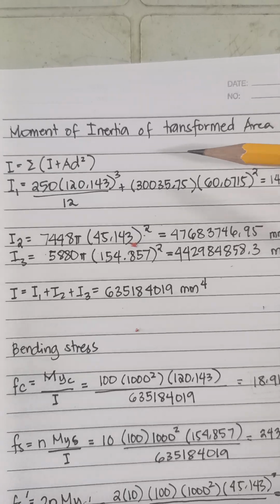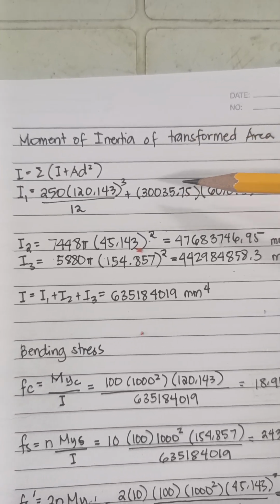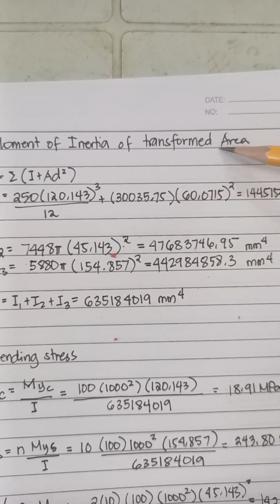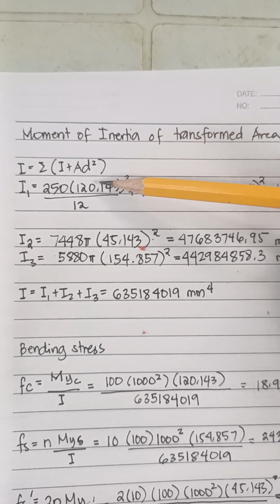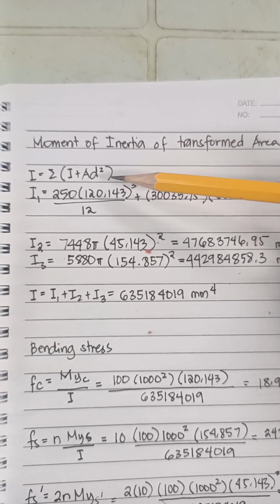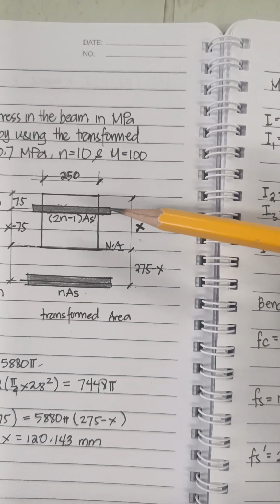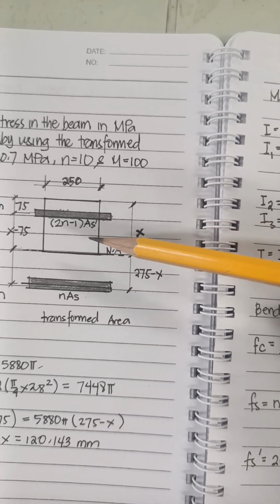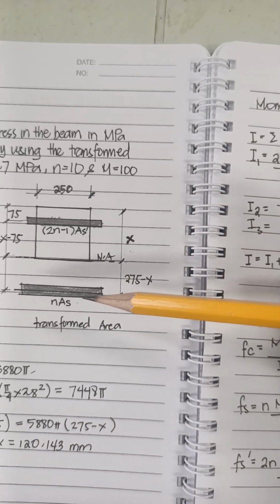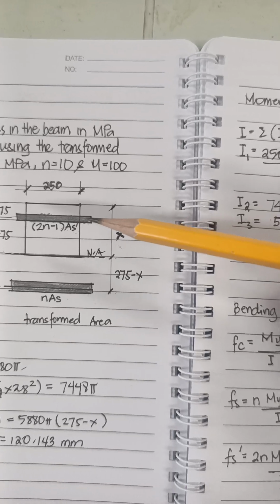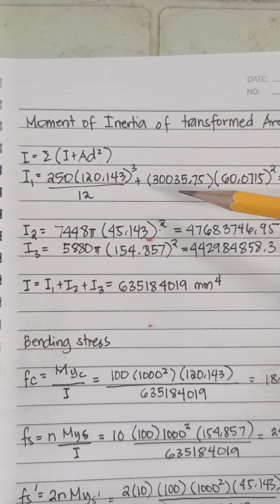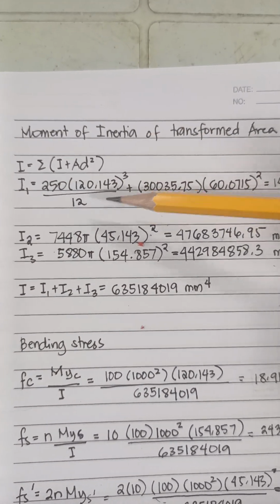Next we proceed to the moment of inertia of the transformed area. It is the summation of I plus Ad squared. We have here three areas: the area of the concrete, the area of the tension steel, and the area of the compression steel. So we have I1 for the concrete.